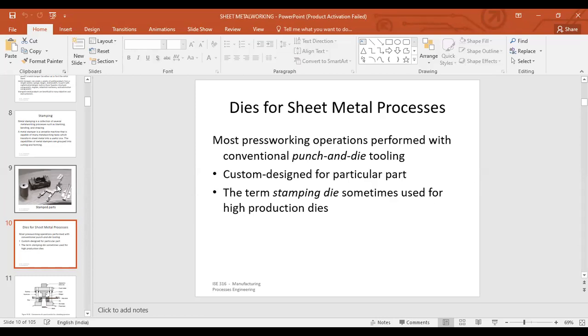And then there are some other processes. You have, starting with your sheet metal forming process, blanking and piercing, right?